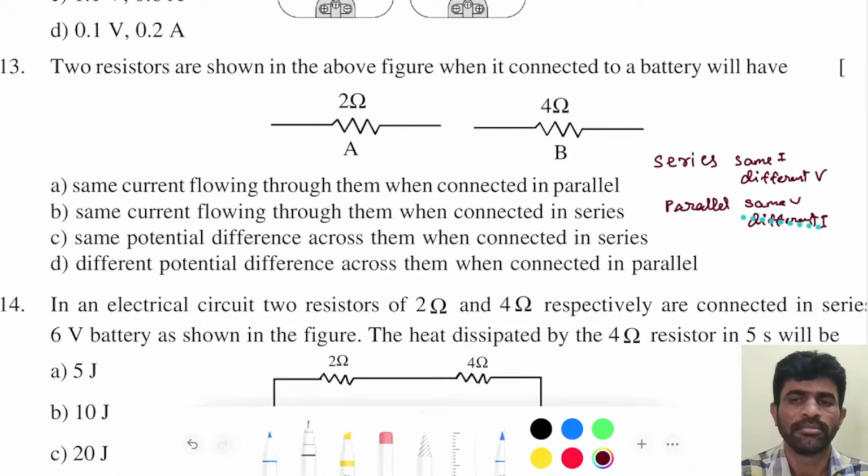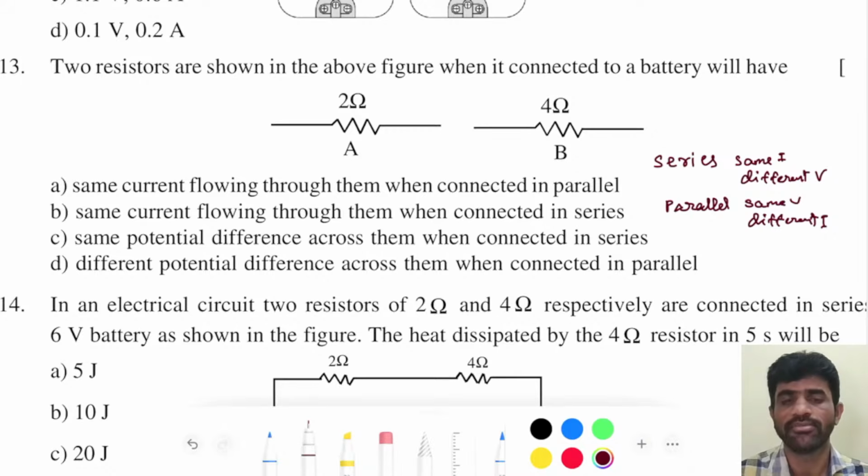When they are connected in series, current will be the same and potential difference will be divided. When they are connected in parallel, potential difference will be the same. So option B is correct.